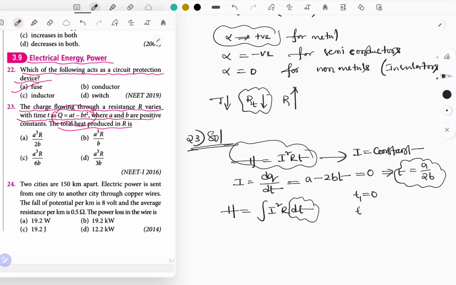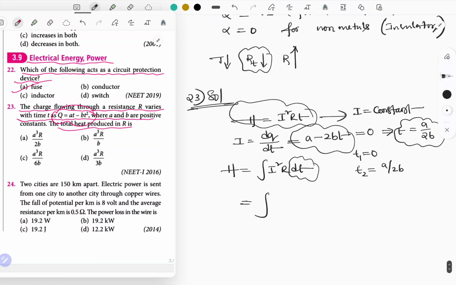So t1 is equal to 0, t2 is equal to a by 2b. These are the limits, and we know the value of current. So let me substitute in this integral I square. I square is going to be, let me expand directly, a square plus 2 square is nothing but 4b square into t square minus 4bt into a, into dt.